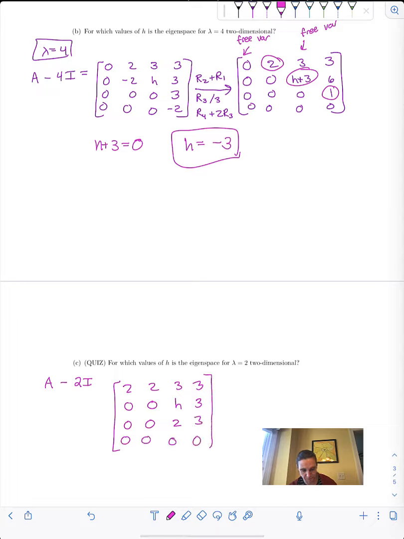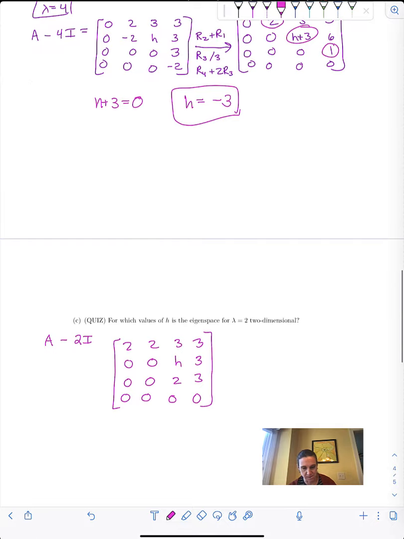And so what you want to think about is, again, here we have one of our free variables. How are we going to be able to make another free variable happen? And so you want to think about what values of h are going to work for that.